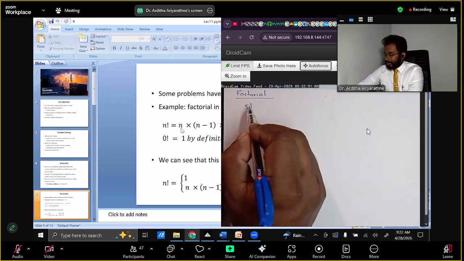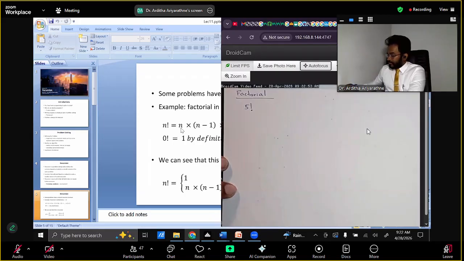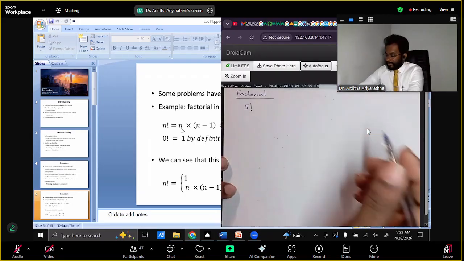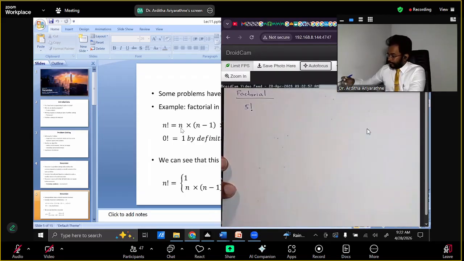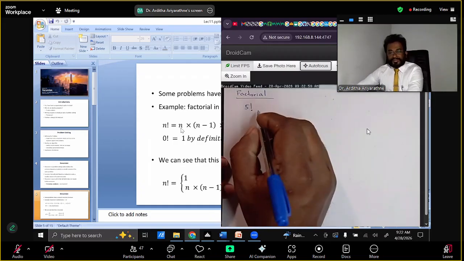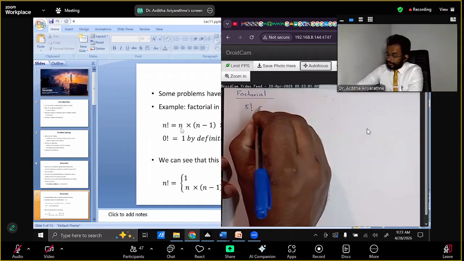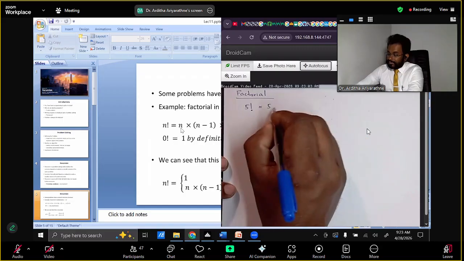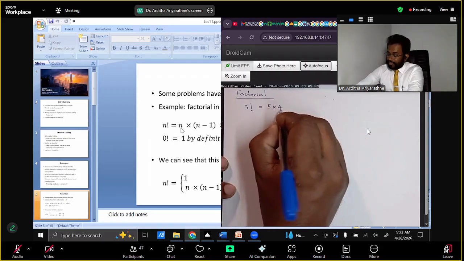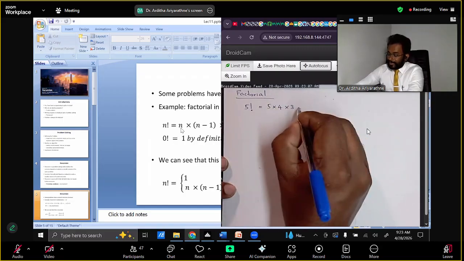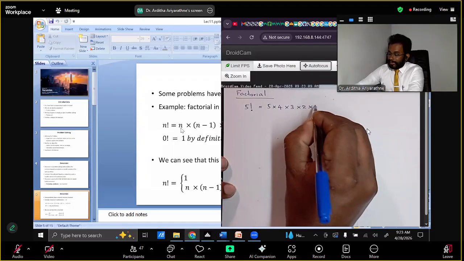Actually, what is factorial 5? Factorial 5 means, students, 5 multiplied by 4 multiplied by 3 multiplied by 2 multiplied by 1.